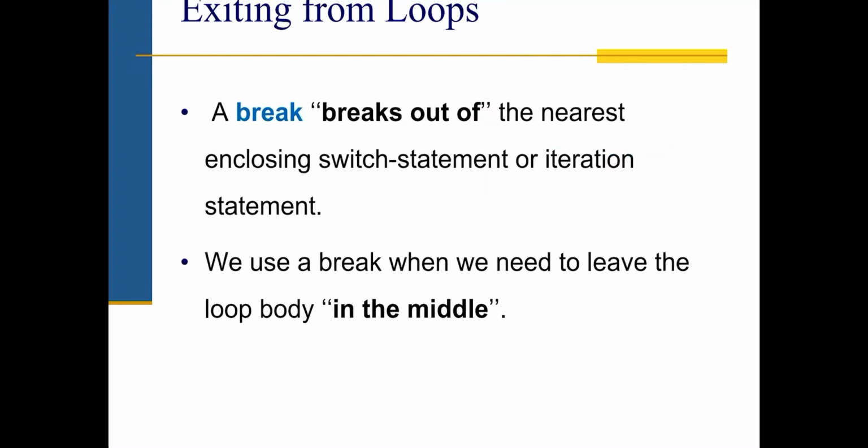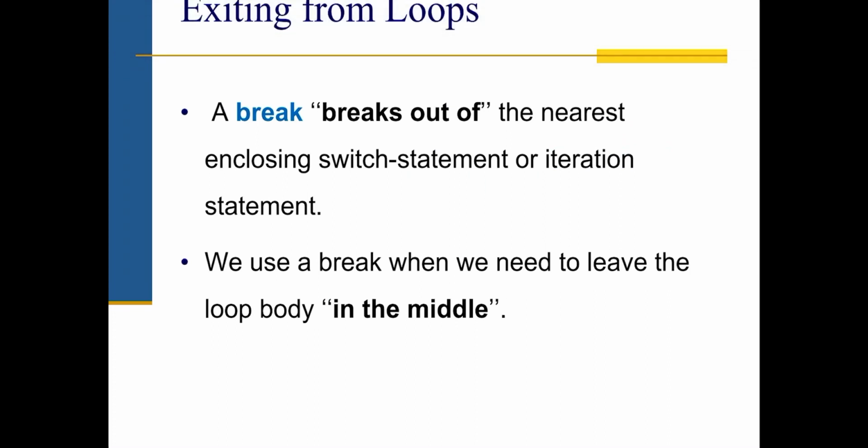So as we heard about the break, but we didn't go into details in the last lesson, which was lesson 4. Today we are going to talk more about the break.